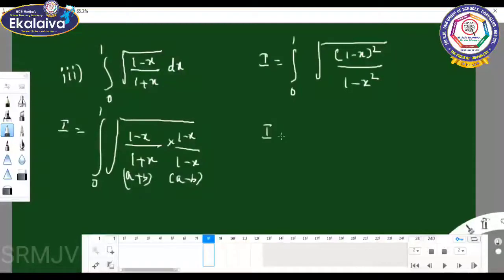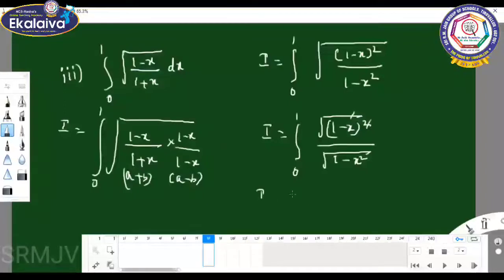So I equal to integral 0 to 1 root of (1 minus x) the whole square by root of 1 minus x square, and root and square get cancelled. I equal to integral 0 to 1 (1 minus x) by root of 1 minus x square into dx.